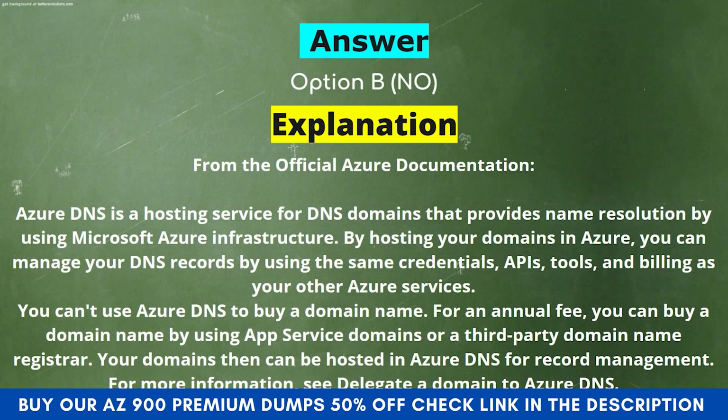You can't use Azure DNS to buy a domain name. For an annual fee, you can buy a domain name by using App Service Domains or a third-party domain name registrar. Your domains there can be hosted in Azure DNS for record management. For more information, see Delegate a Domain to Azure DNS.